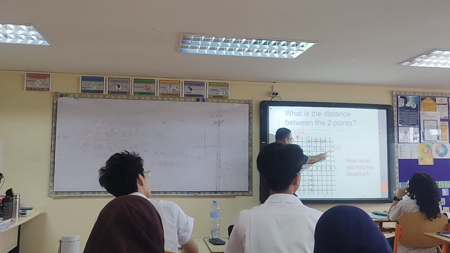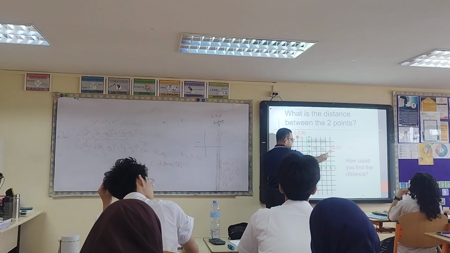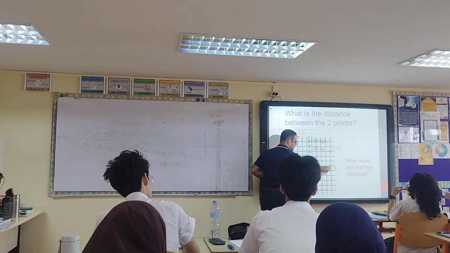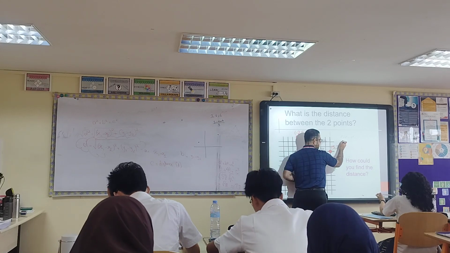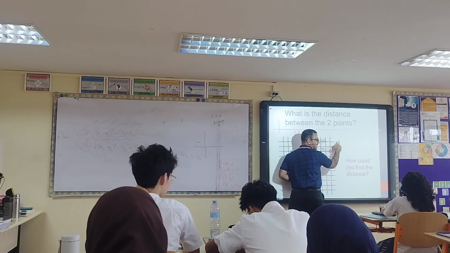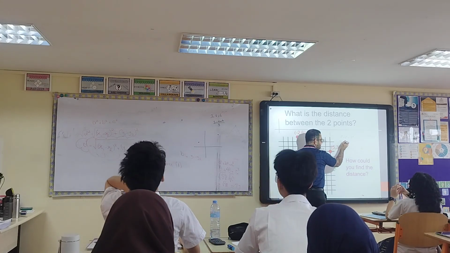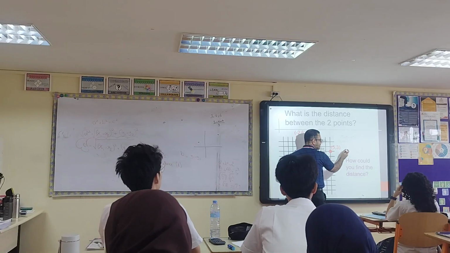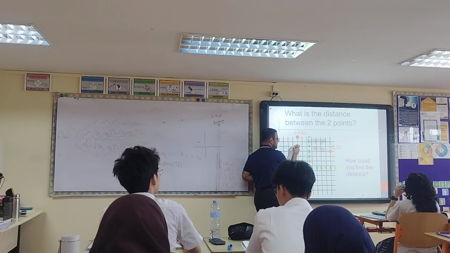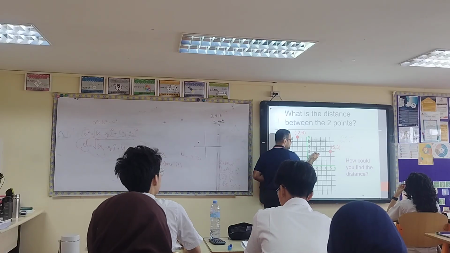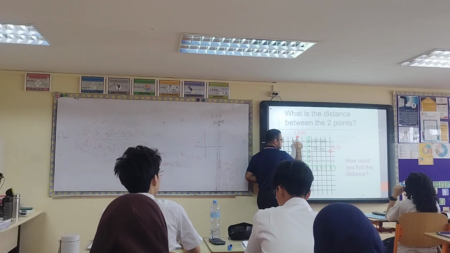Now b squared, how much is it? I'm counting the x's, so x2 minus x1 is for the a squared, and I'll have it squared because the a is squared here. And for b, how much do I get?